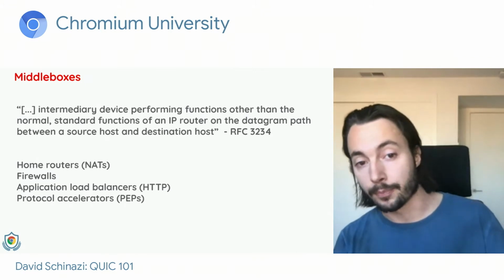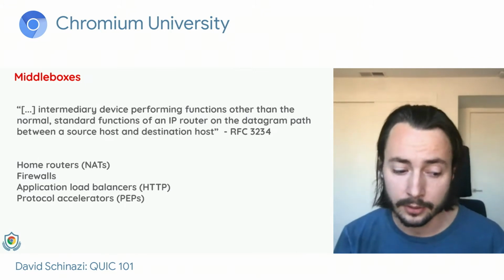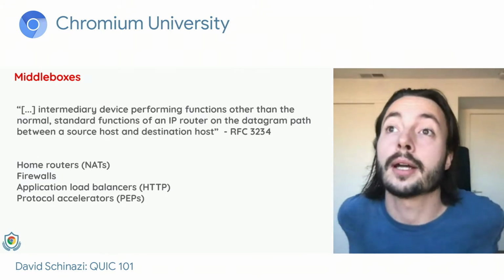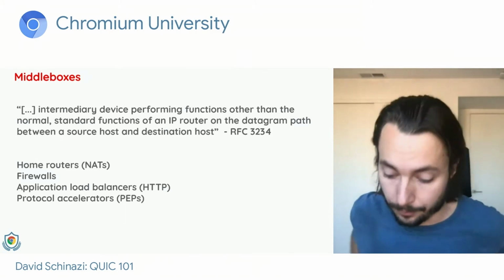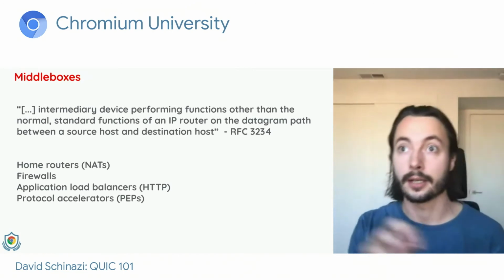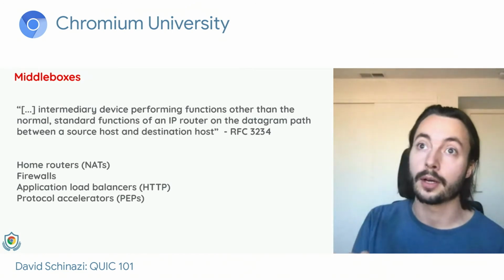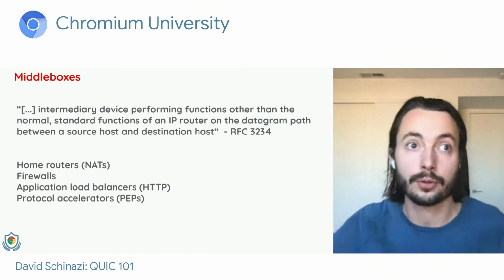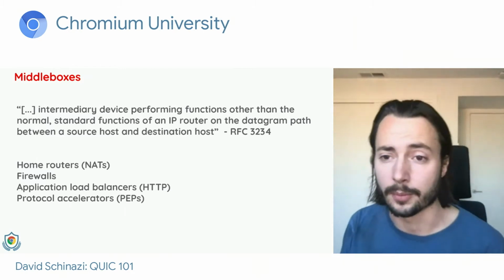And then PEPs, performance enhancing proxies, are devices that try to improve performance in the network. Some of them, for example, will terminate your TCP connection from the client to them and then create a separate one from them to the server in an effort to improve performance.